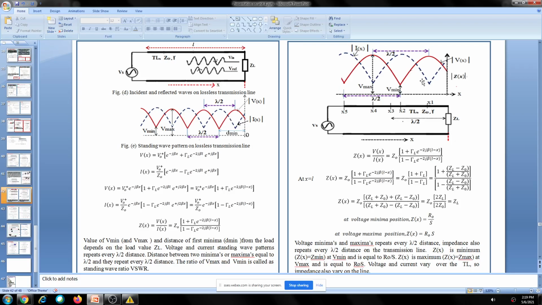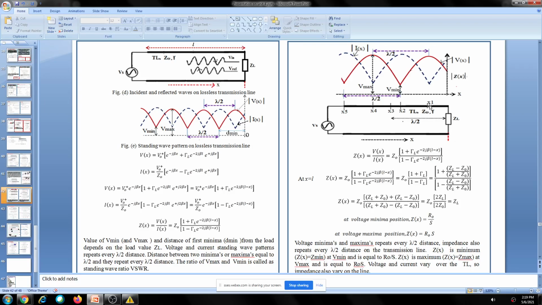I have written it here actually. Here, if you start from the load value, you get ZL. If you travel a distance from here to here, this is x3, a distance of lambda by 2 from the load ZL. If you measure the impedance at x3, the value is equal to ZL.